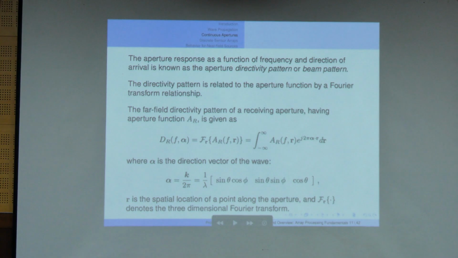Plane wave means that the source is far enough from the aperture, so we can consider the wave that propagates from the source to be a plane wave. If it's close, the curvature of the wave and also the decrease of the amplitude with distance need also to be taken into account.